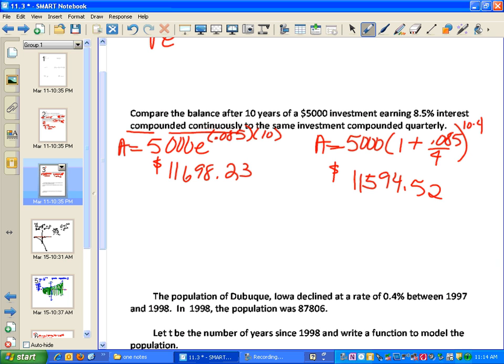So which one gives you a better deal? Well, they're both 10 years. Continuously. By how much? By about $103, isn't it? I got 103.71.